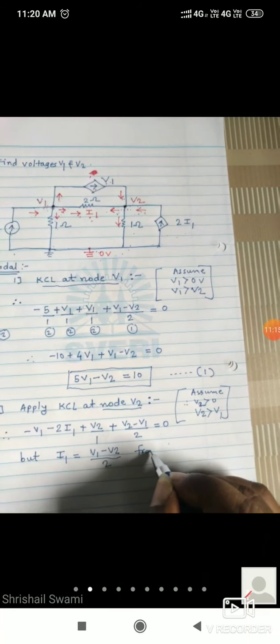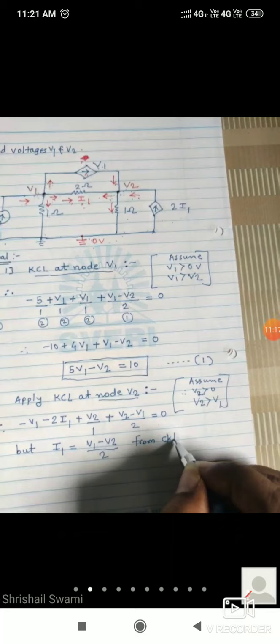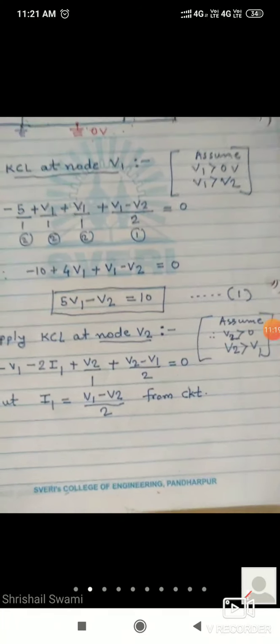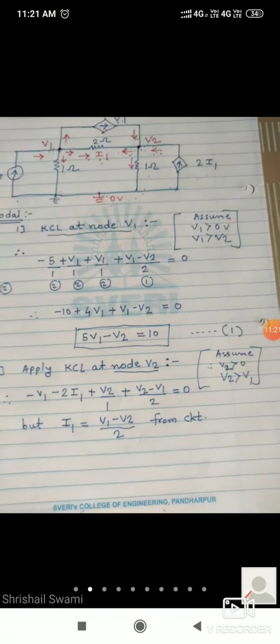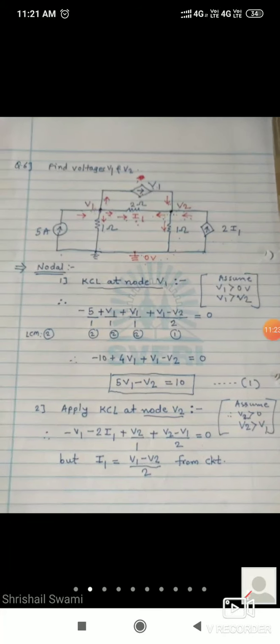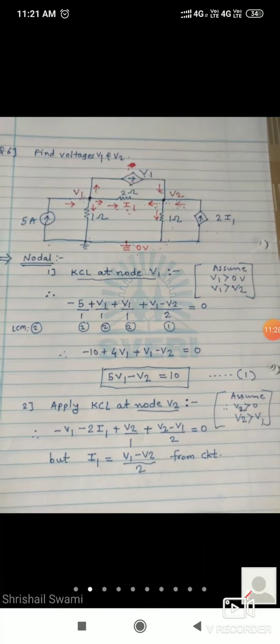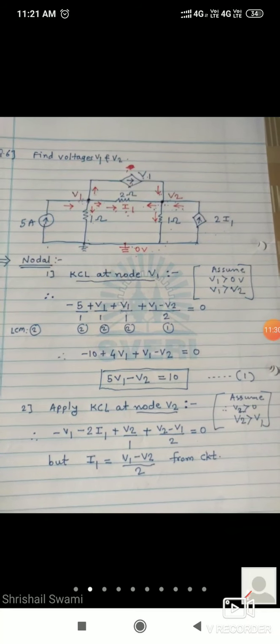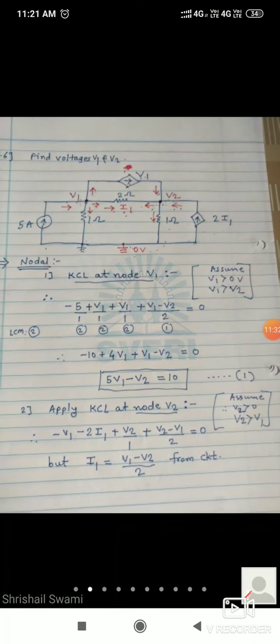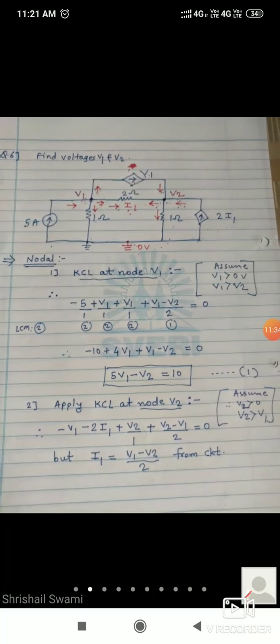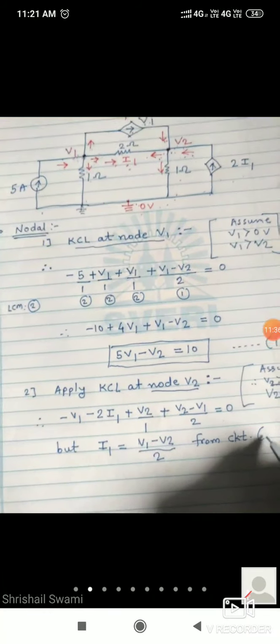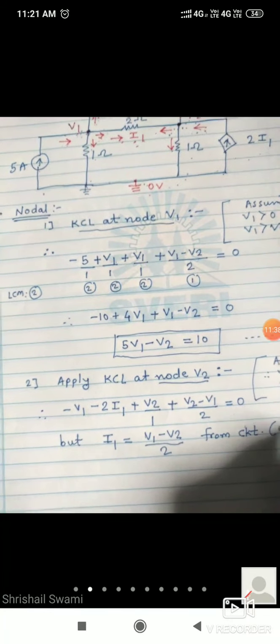This is from the circuit or from the network. Okay, by observation, I1 is already given. Okay, direction. So how is it possible? Current always flows from higher potential to lower potential. That's why I1 is equal to V1 minus V2 divided by 2. That is simply by Ohm's law.